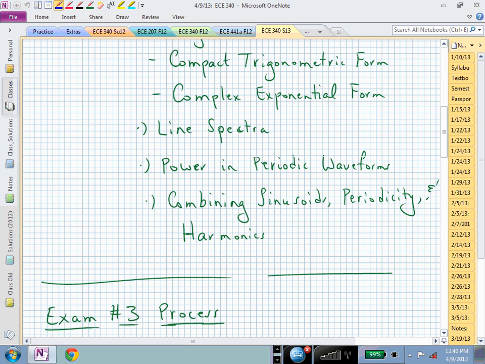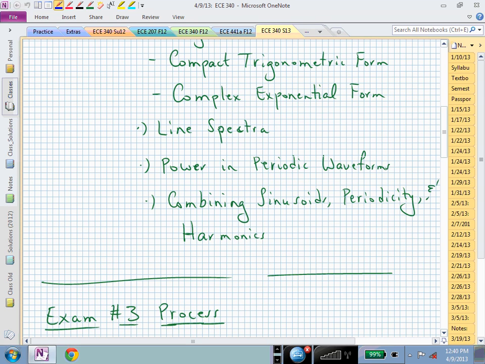If I said the first harmonic, what's that? That was a vague question, so you can give me a vague answer. You could say omega naught, right? That's the first harmonic. That's n times omega naught, where little n is 1. The second harmonic is 2 omega naught.